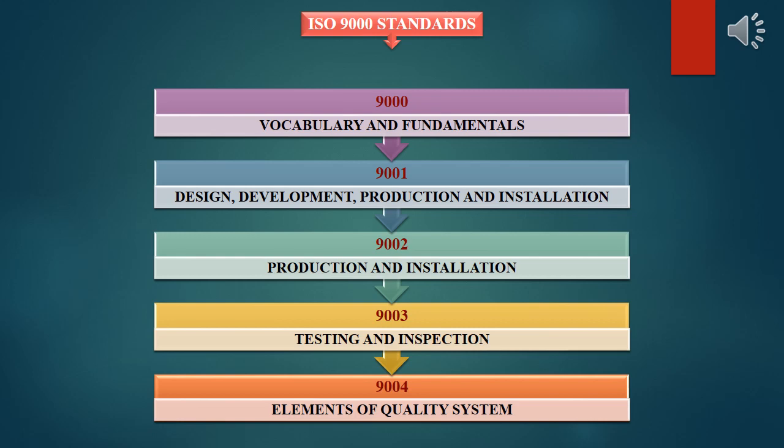There are 5 different standards of ISO 9000: 9000, 9001, 9002, 9003 and 9004. 9000 gives guidelines for vocabulary and fundamentals of quality management systems, where 9001 gives guidelines on quality assurance of design, development, production and installation, where 9002 gives guidelines on quality assurance of production and installation, where 9003 is for quality assurance in testing and inspection, where 9004 gives guidelines on elements of quality system. This is about ISO 9000 standards.